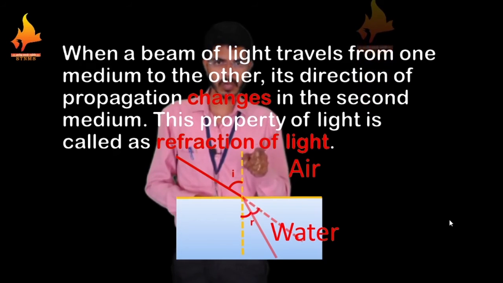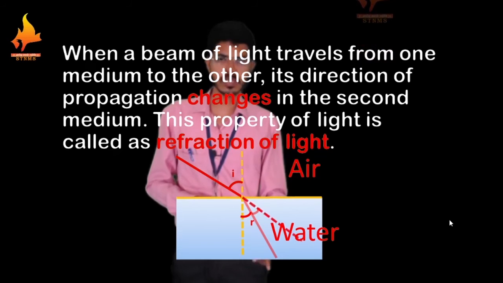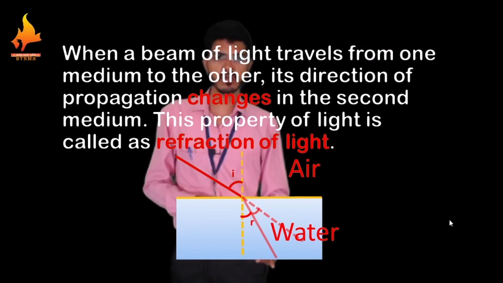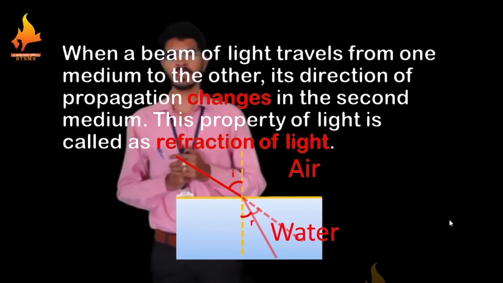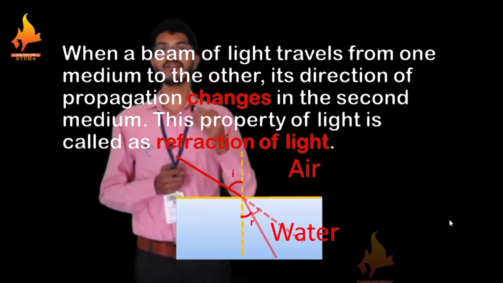If we draw one more normal here perpendicular to this line, we'll observe that when it is coming out of the water, the ray of light travels away from the normal.